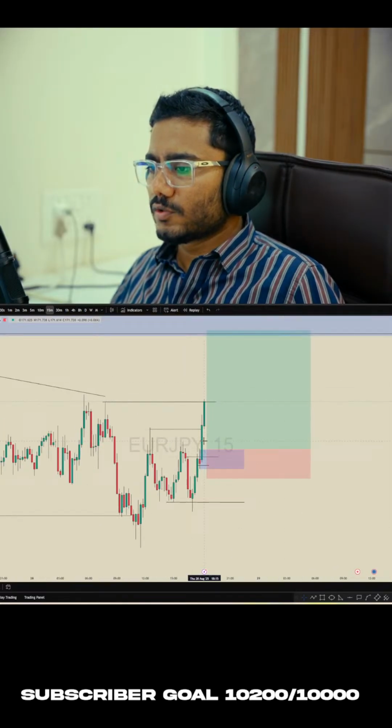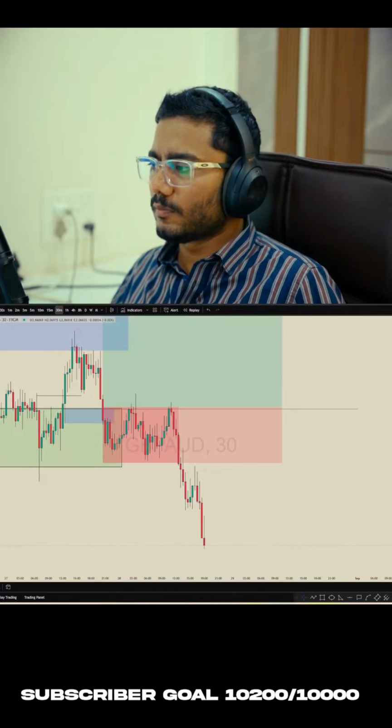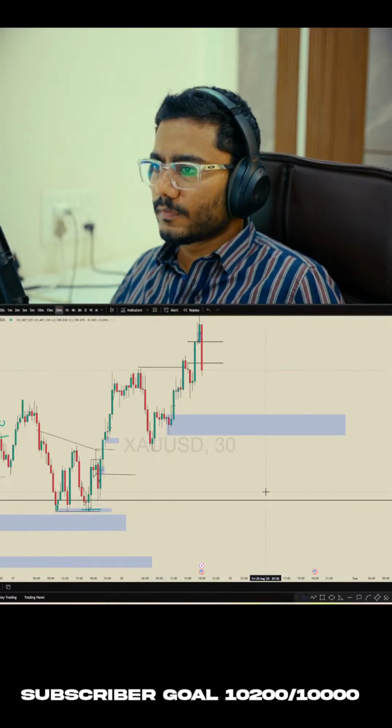Price has finally broken the structure, so I think there will be good momentum.